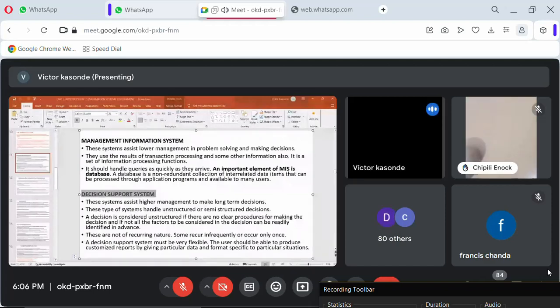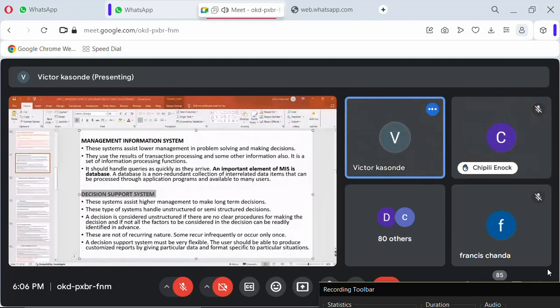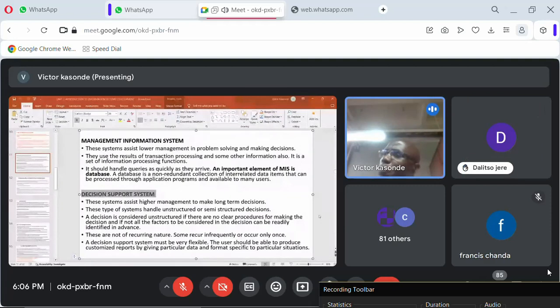If the president is being fed wrong information, we experience some problems in government. So the management information system can make decisions on the short term, and they are supposed to be guided and procedural. They can make a decision.